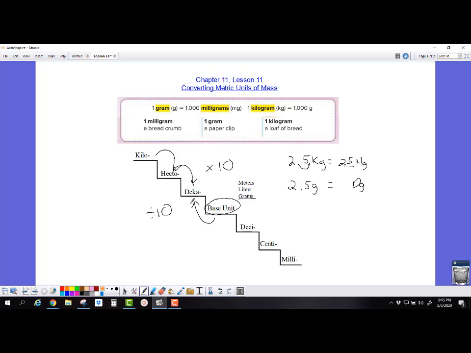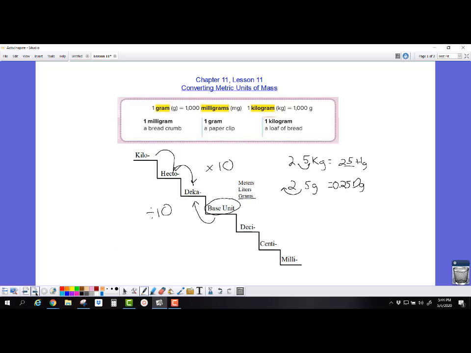And I would go 1 up, which means I'm going to move my decimal 1 to the left. So I'd have to put my decimal here and my 25 hundredths, which also requires a 0 out front. So that's just a quick review of how you would do your conversions, same as you converted metric length.